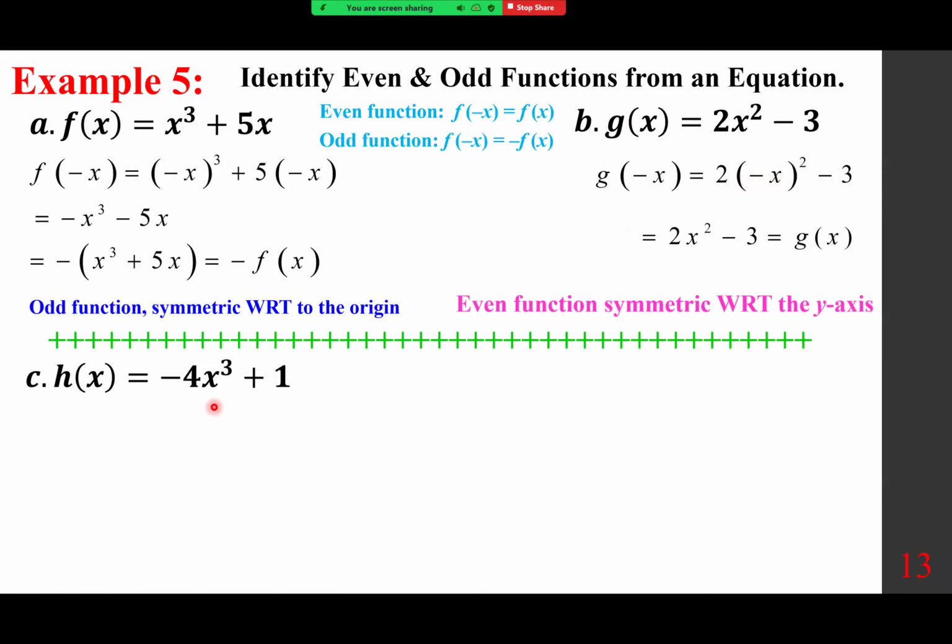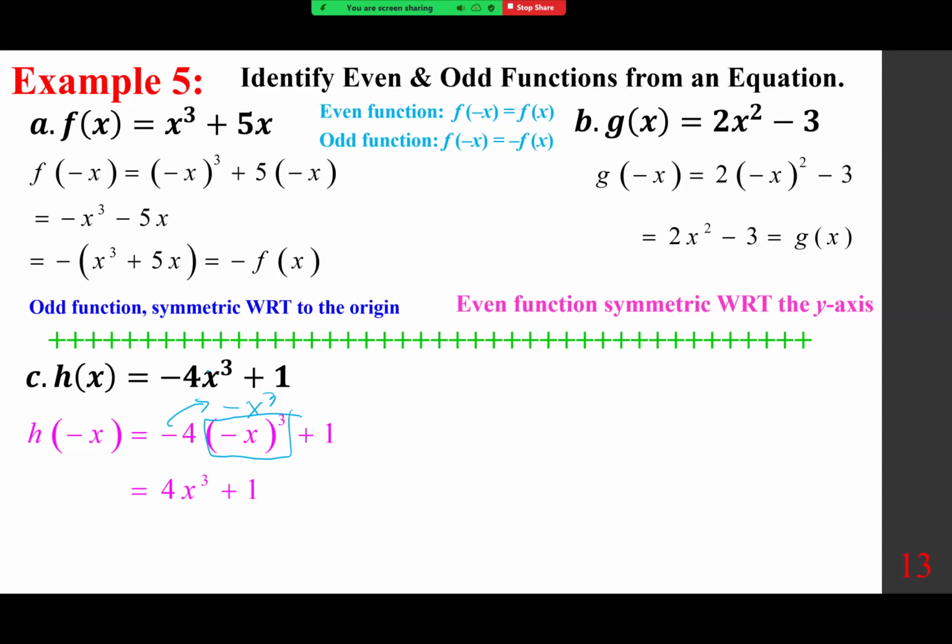h of x is minus 4x cubed plus 1. We are going to replace the x with negative x. This becomes minus x cubed times minus 4, which becomes positive 4x cubed.